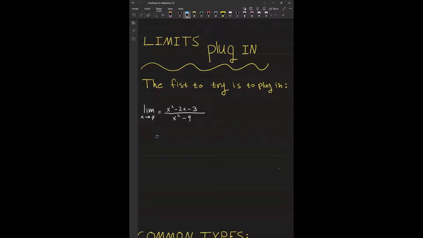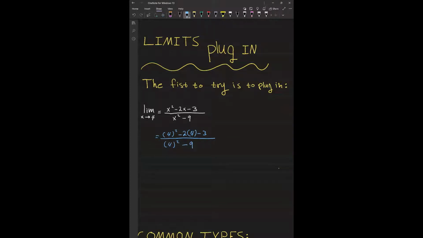Okay, so here we have the limit as x approaches 4. Simply, we're just going to plug in 4 everywhere x appears. So we get 4 squared minus 2 times 4 minus 3 over 4 squared minus 9.